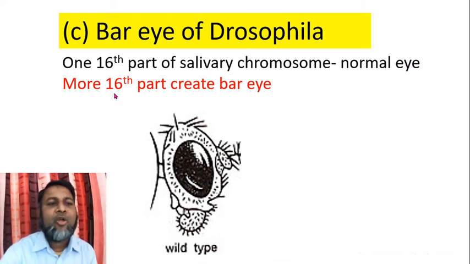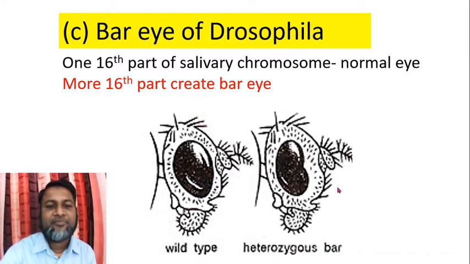When more 16 part is present in the zygote, it creates bar eye. This is heterozygous bar eye. This is normal wild type eye. Normal eye is different from bar eye.